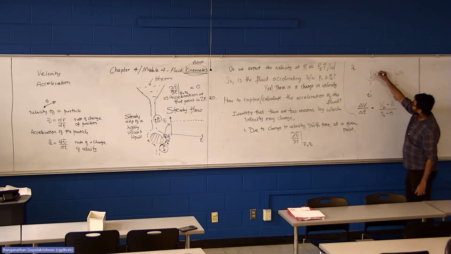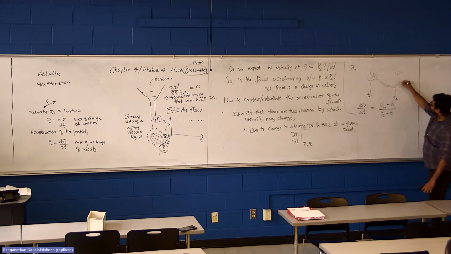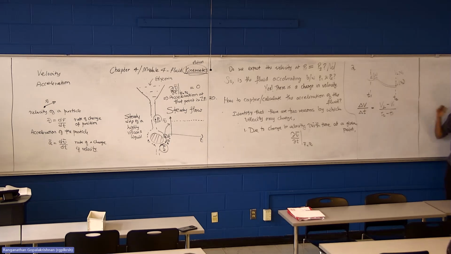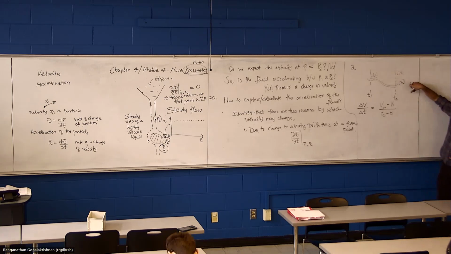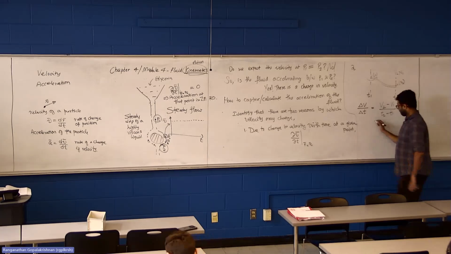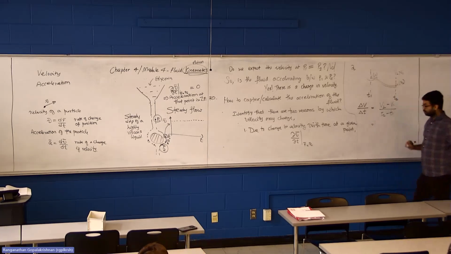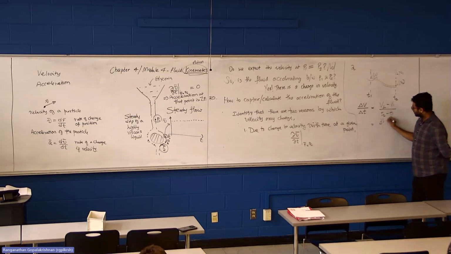If you reach this location, we'll call it X1, and if you reach this location X2, you will reach that velocity. So this change in velocity has nothing to do with something changing with time. It's mostly got to do with something changing with position. So it's like writing this as equal to the rate at which velocity changes with position multiplied by change in position.